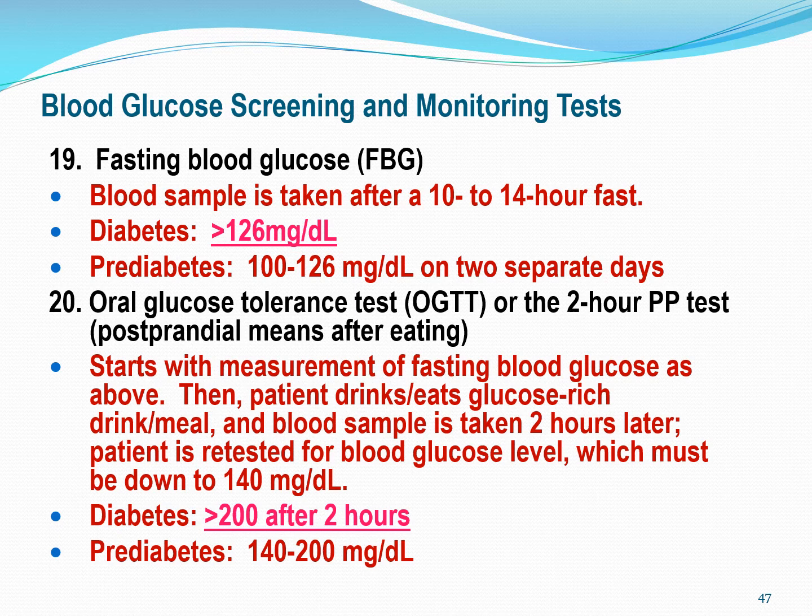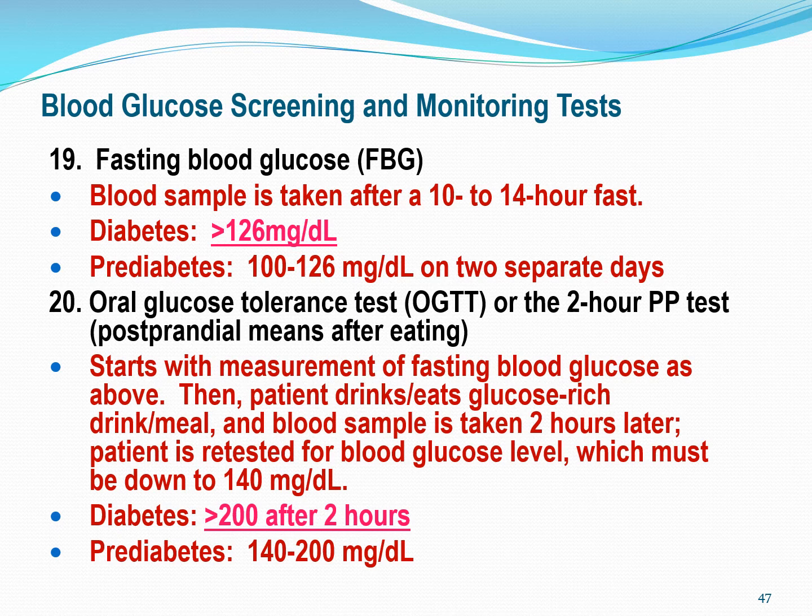Oral glucose tolerance test, or the 2-hour postprandial test, postprandial meaning after eating, starts with measurement of fasting blood glucose as above. Then the patient drinks or eats a glucose-rich drink or a meal, and blood samples are taken 2 hours later. The patient is retested for blood glucose level, which must be down to 140 milligrams per deciliter.